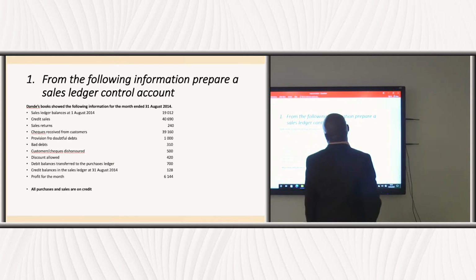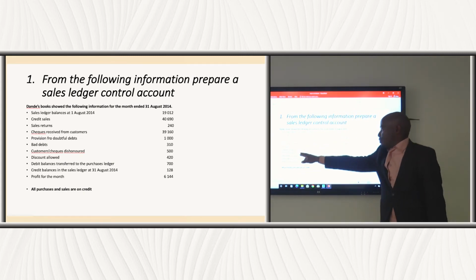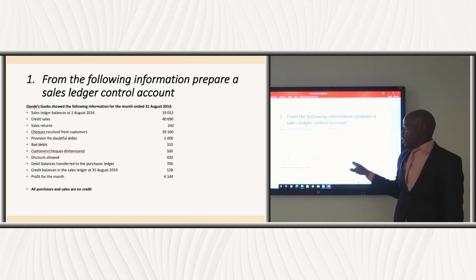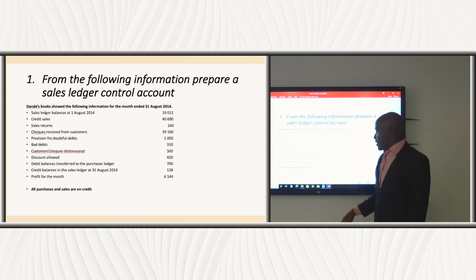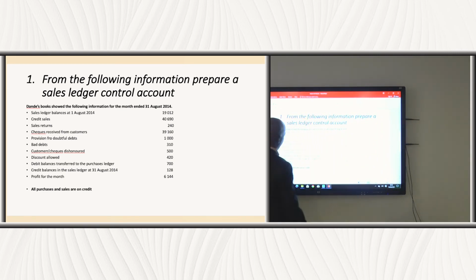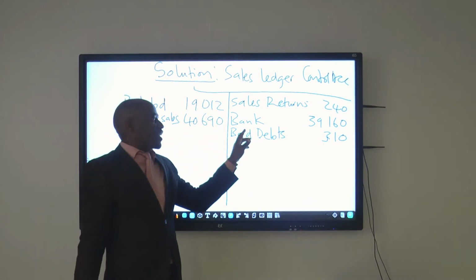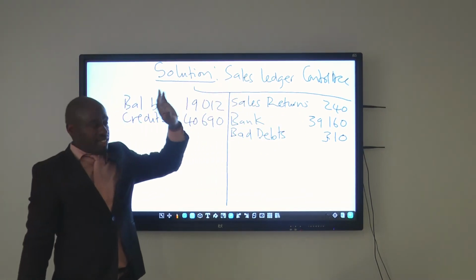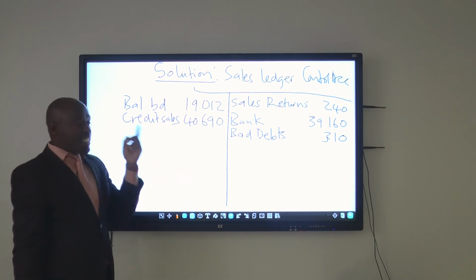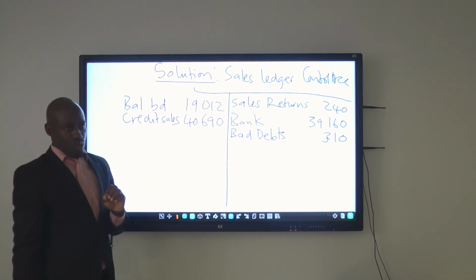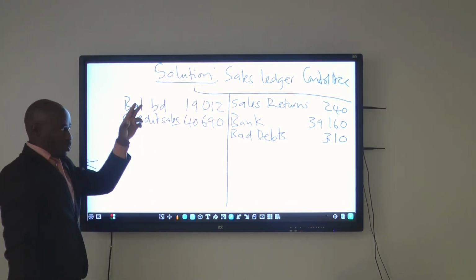Back to our question. The next transaction is customers' dishonoured cheques, right? How do we treat that? We received bank 39,160. We received cheques, right? But now this cheque has been dishonoured. What do we do? We need to then debit the control account.